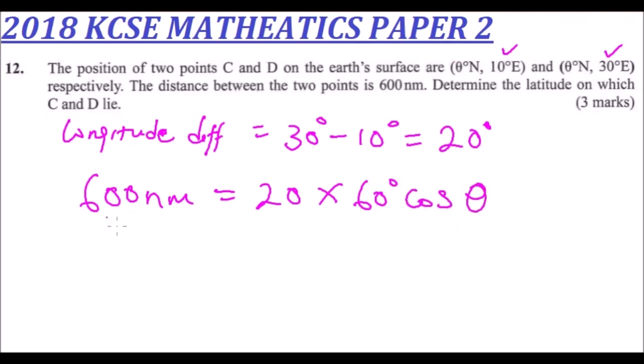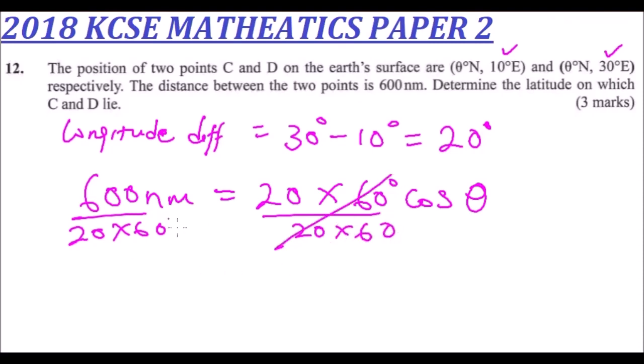So once you divide both sides by 20 times 60, this will give us 10, and that will give us a half.